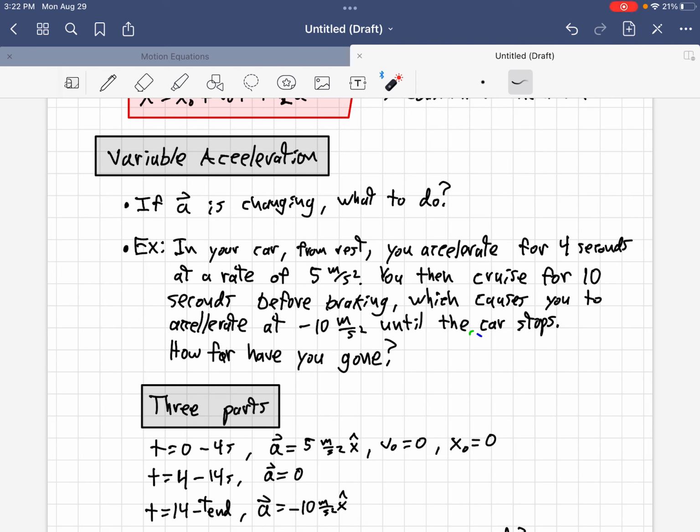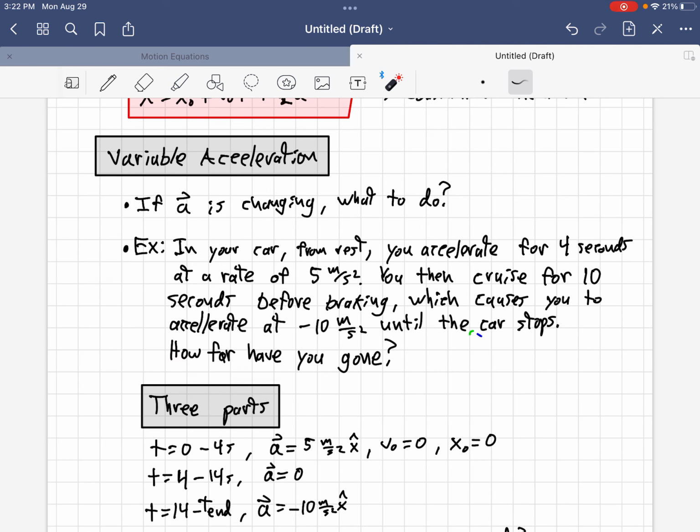You take your foot off the gas pedal, and we're going to ignore friction. And then after 10 seconds, you start braking, causing the car to accelerate at negative 10 meters per second squared until the car stops.